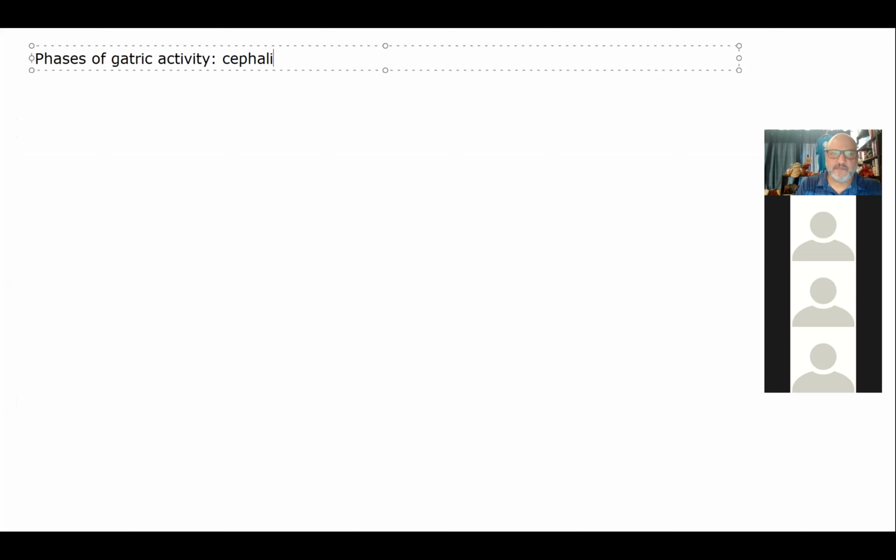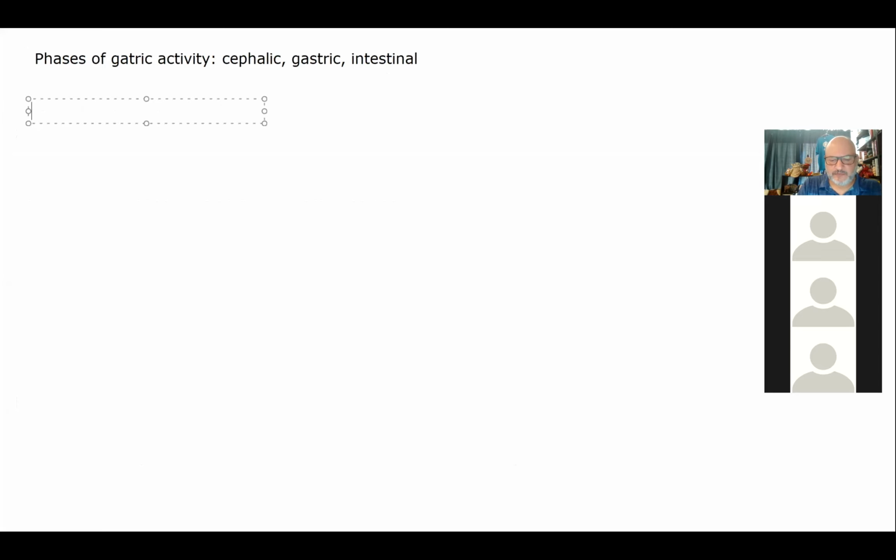What are the three phases of gastric activity? Cephalic, gastric, and intestinal. Let's see if we can condense information to high points. Cephalic.